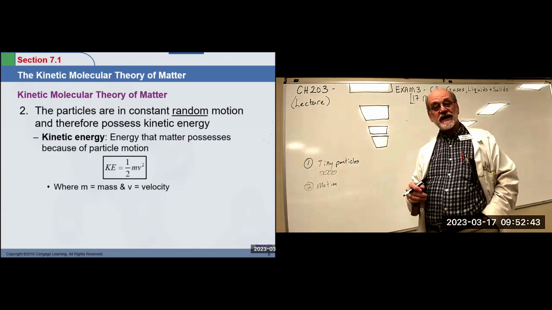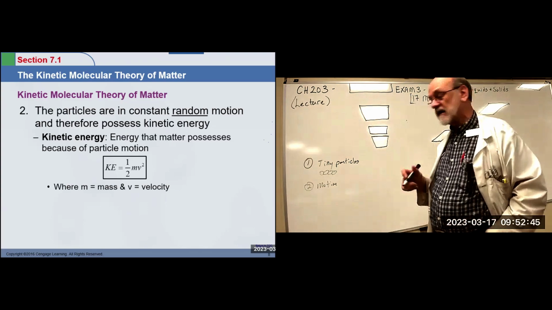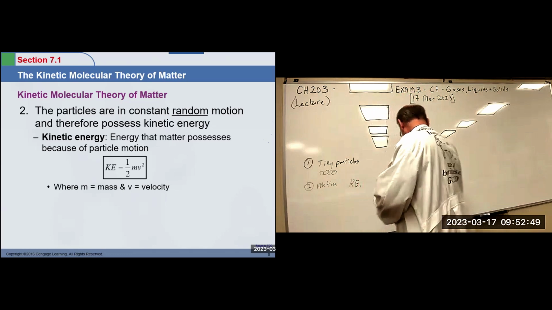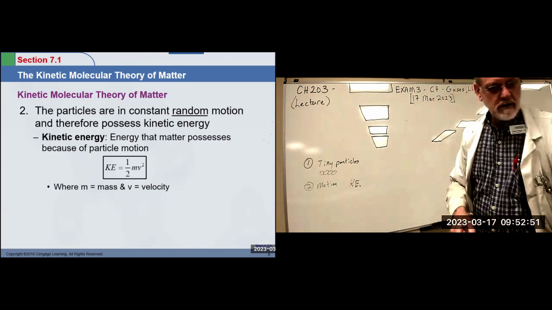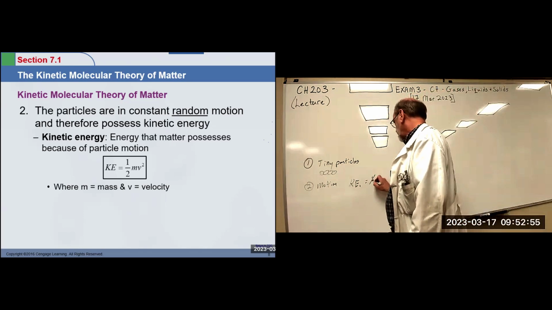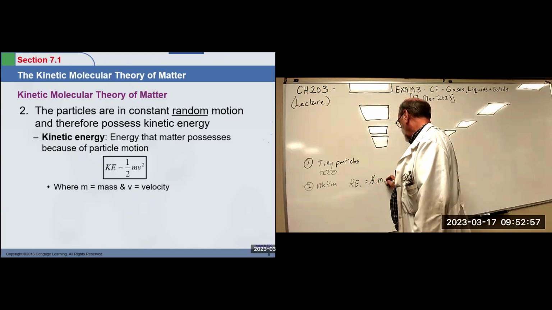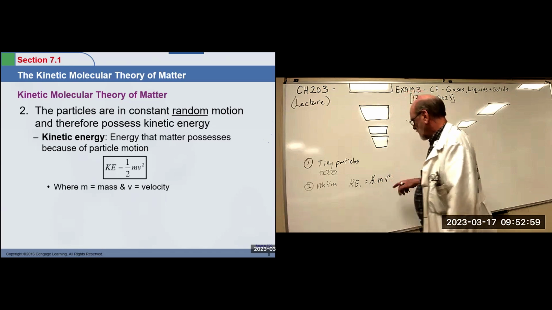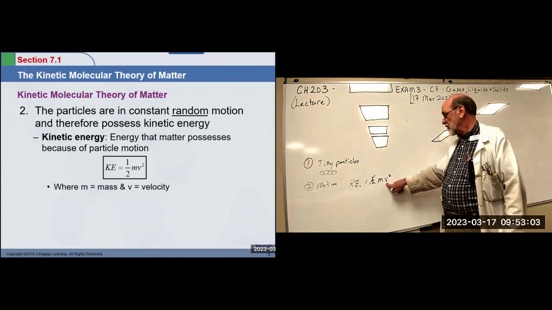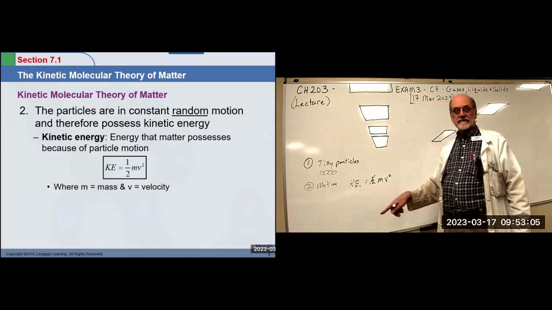And if they're moving, we can express their kinetic energy in terms of this equation, 1/2 mv squared. So if we know the mass of the particle and how fast it's moving, we can calculate its kinetic energy.